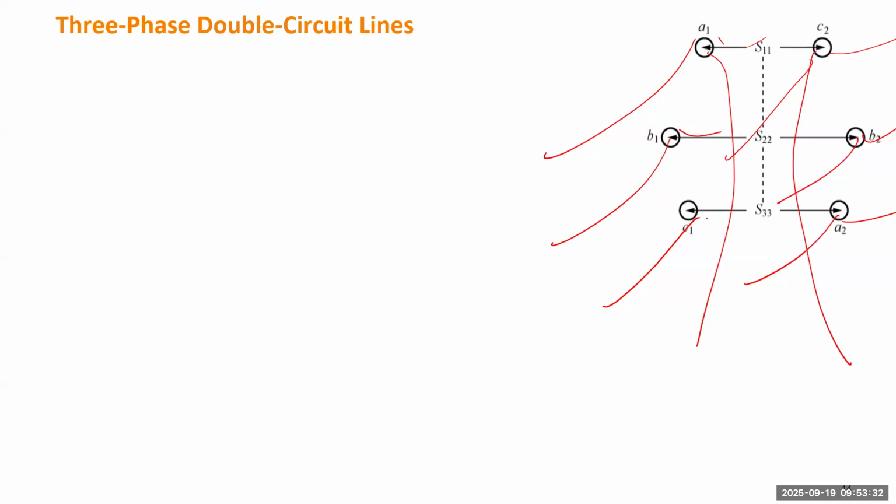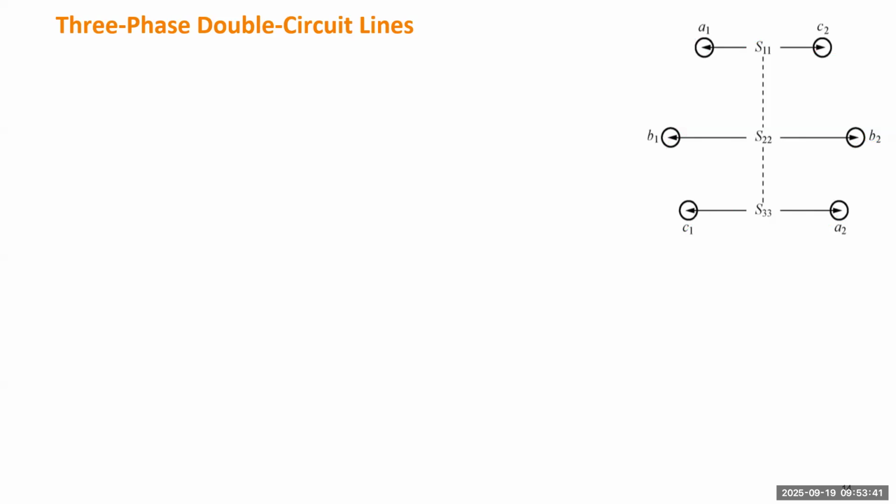Why the 2 3-phase lines? Because each one will be a backup of the other one. And here we assume those 2 are not completely separated. So for the first transmission line, they have phase A, B, and C.